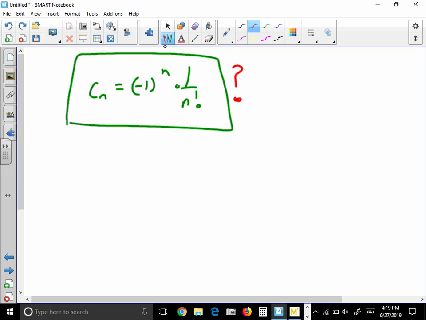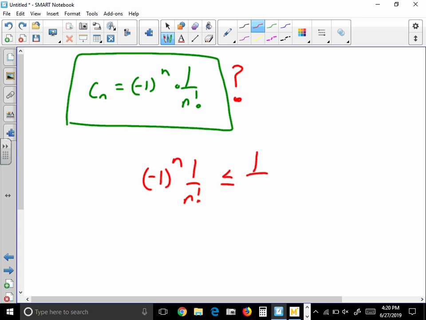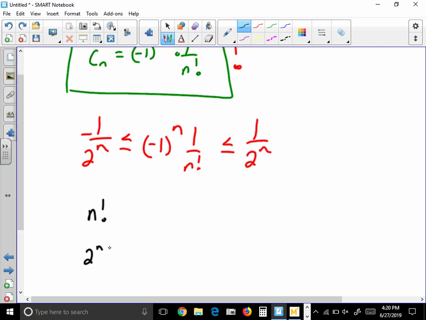So let's compare this one, let's compare it to that one and that one. So let's compare n factorial and 2 to the n.